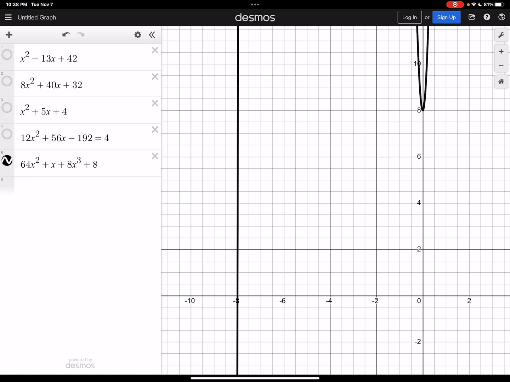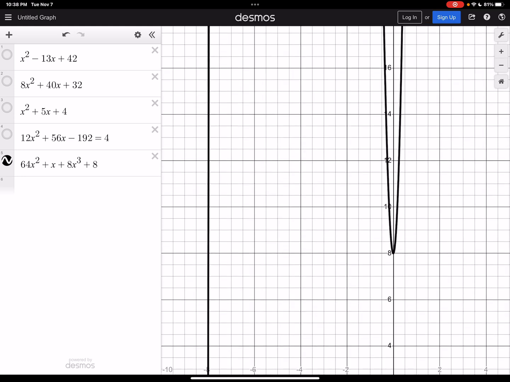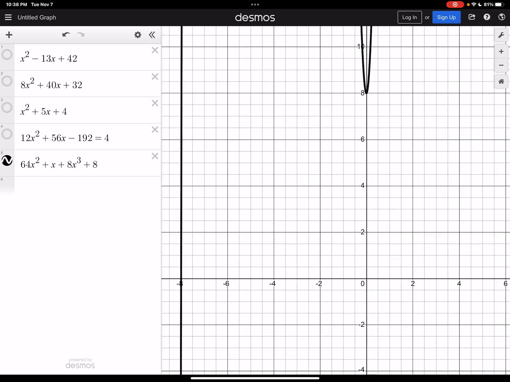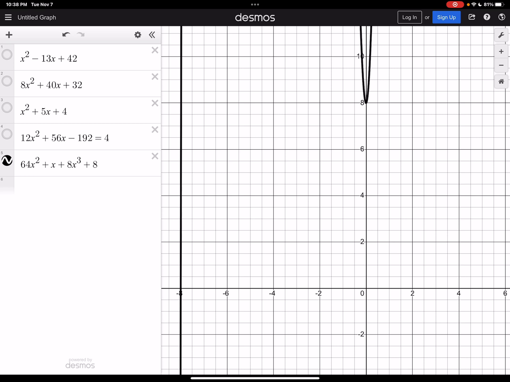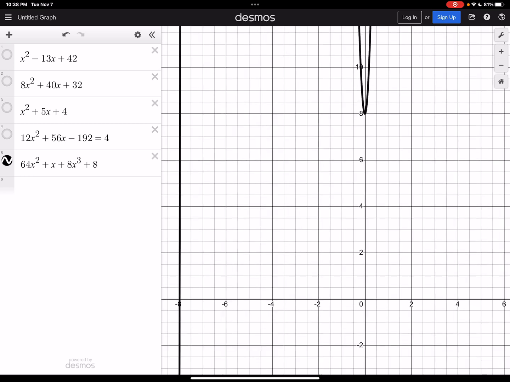But notice it's going to go up, and it's going to keep going up for quite a while, all the way to like 610 actually. And then it's going to turn around and come back down. But instead of this graph continuing on down and crossing the x-axis again, it stopped at 8, and then it turned around and went back up, and it's never going to come back again. So this negative 8 is our one real solution.